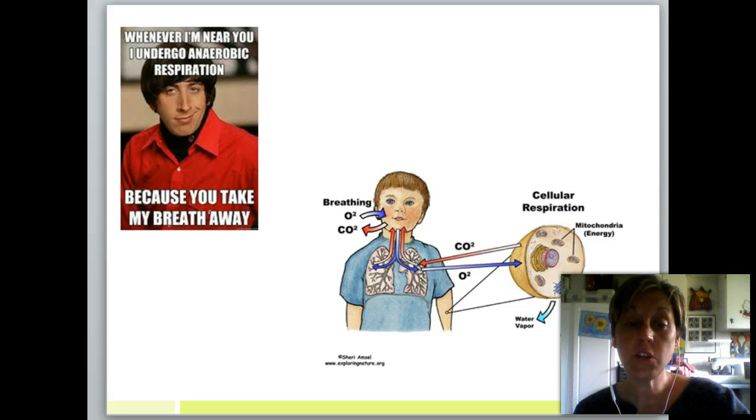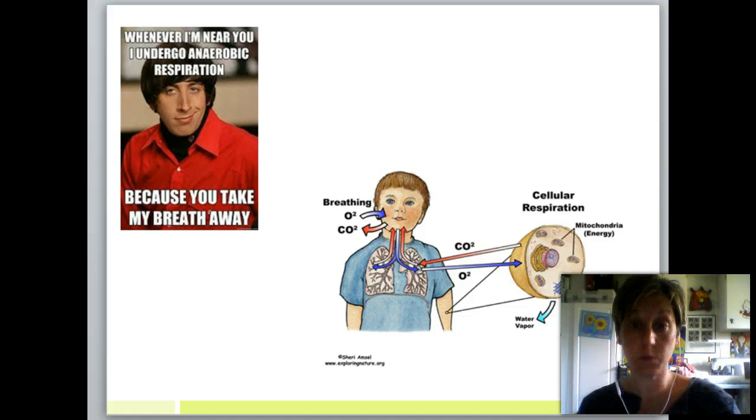Okay, so when that happens, we know that that takes place in the lungs, and through that process, that's how we get oxygen into our bodies, and that oxygen is then able to go to the cells along with the food energy, and in the mitochondria, that chemical reaction takes place between the food as it's been digested and oxygen, and then we have those products.